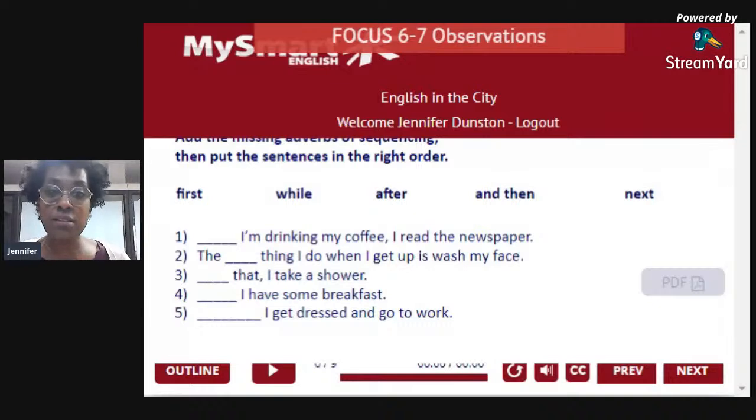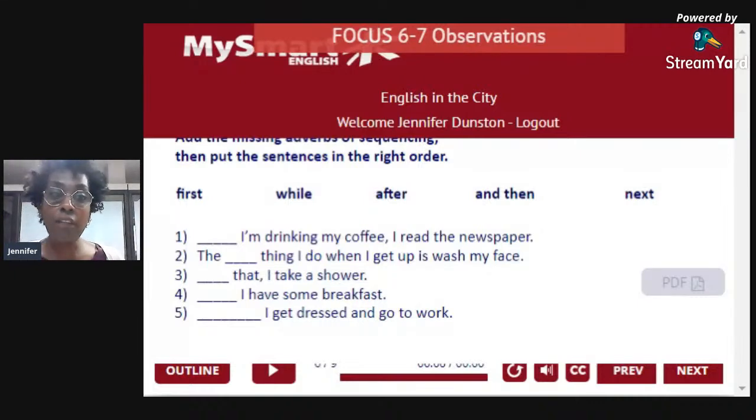And we have our sentences. Number 1, I'm drinking my coffee. I read the newspaper. Are these 2 actions that are happening one after the other or at the same time? Is there a specific order? What do you think? When do we use each of these adverbs of sequencing?